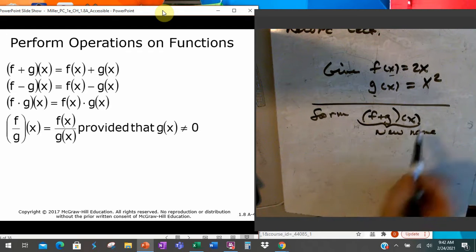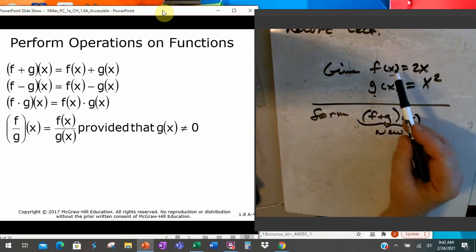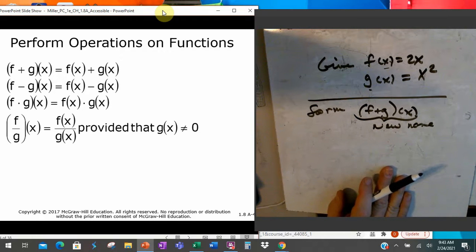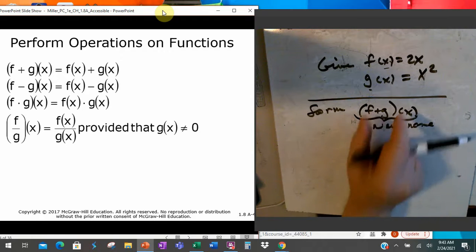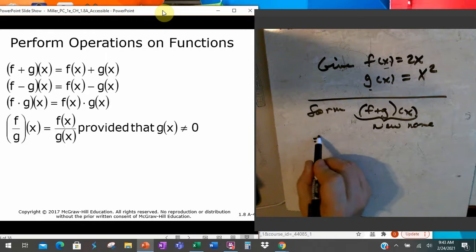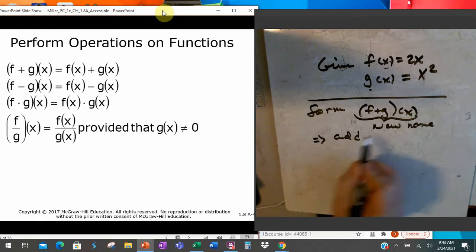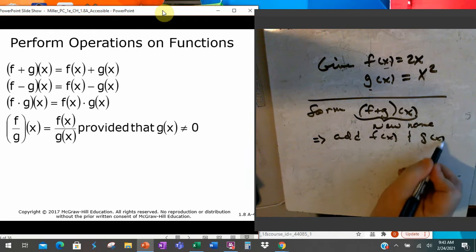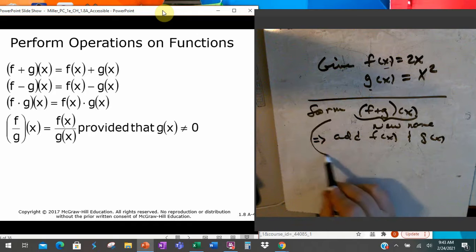Okay, so, you know, Tom, Henry, Jack. So what this means when you see this is to add f of x and g of x. Add those two functions. Mathematics has a lot of shorthand, where you don't want to spell out all of these things long, you just want to learn the shorthand and then you know what it's telling you.